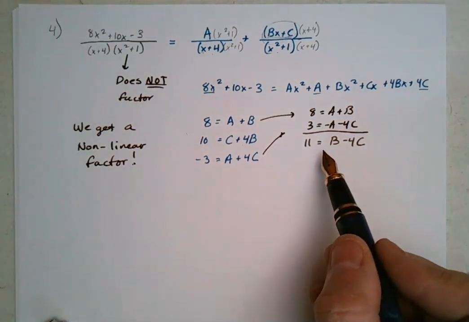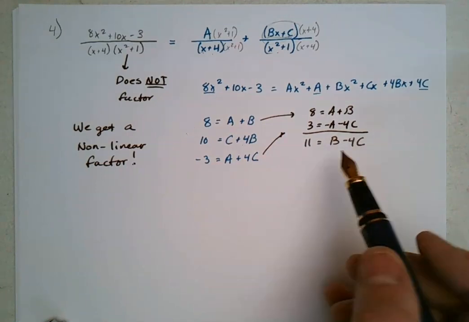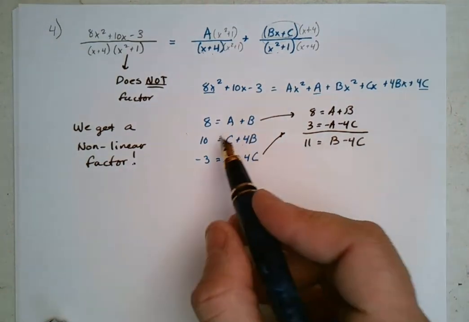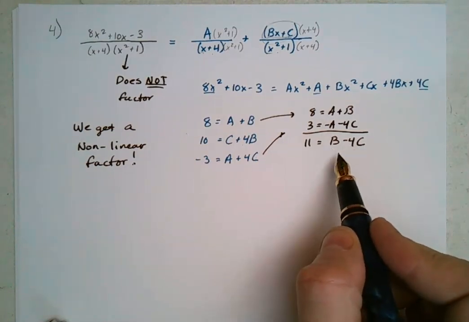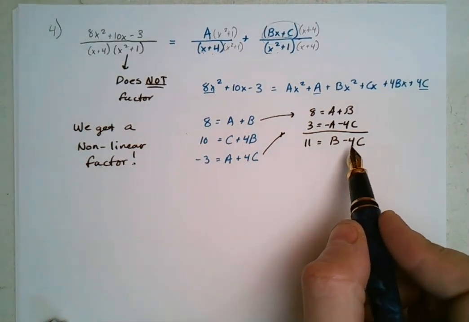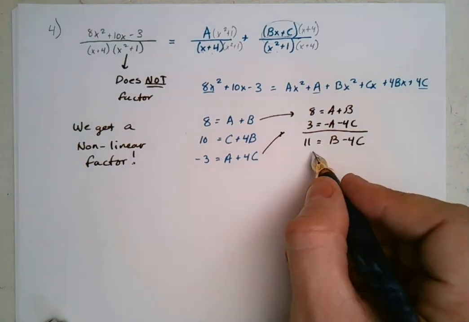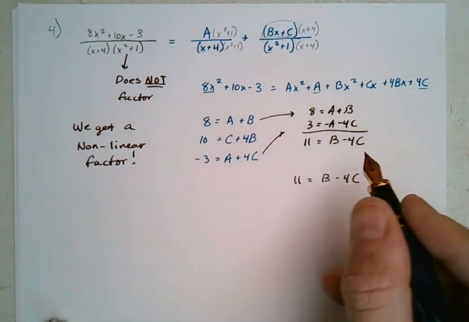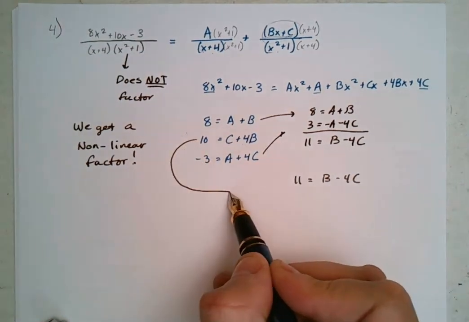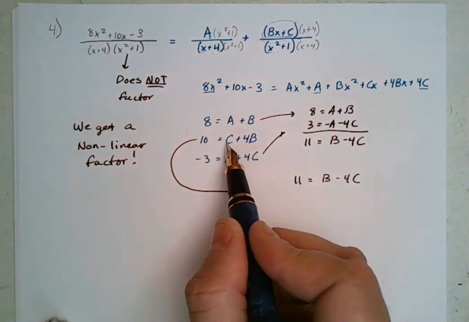Now that doesn't seem really helpful, except I've got this, and I've got this one here, and they both have b's and c's. And so I'm going to say, okay, cool. Well, this is negative 4c. So if I take that equation, 11 equals b minus 4c. And then I take this equation here, and I multiply by 4.